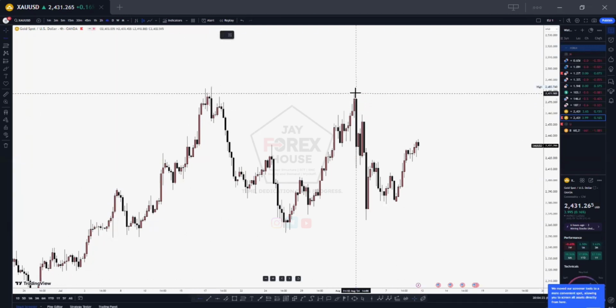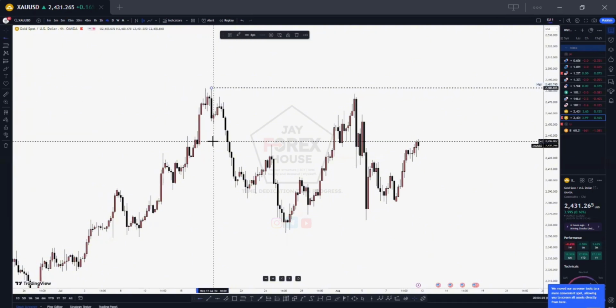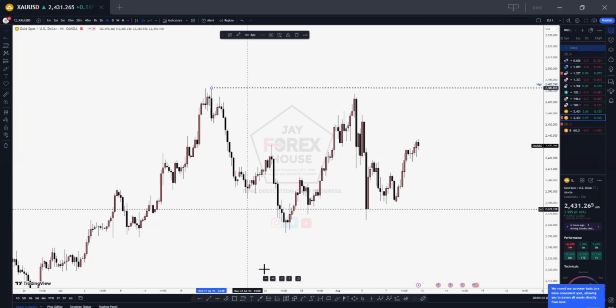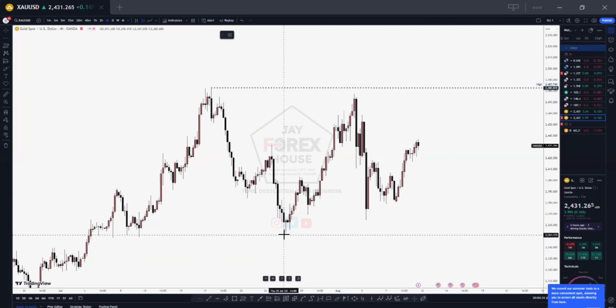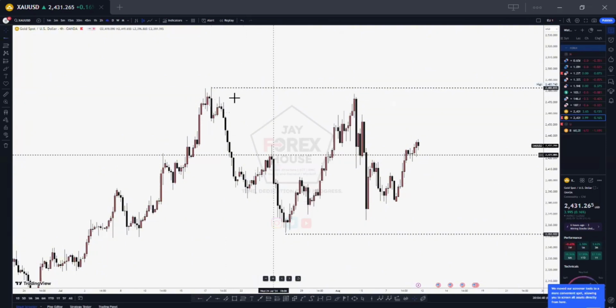Like when you say this high, it has a price at this point. All right, so the price level of this high to the price level of this low is a range. So from this point to this point is a range you're observing.